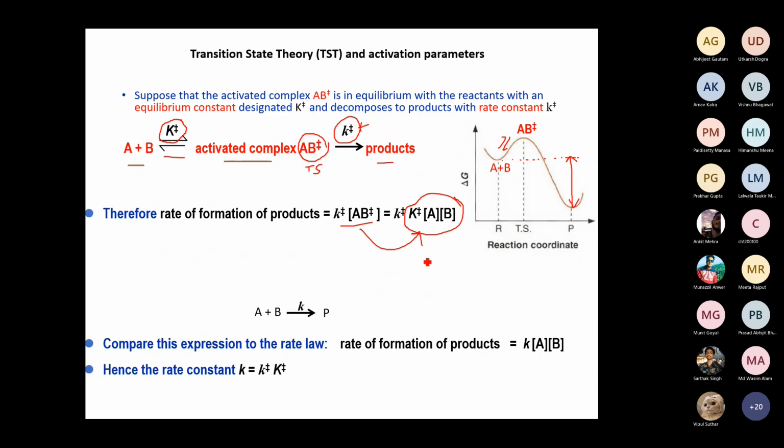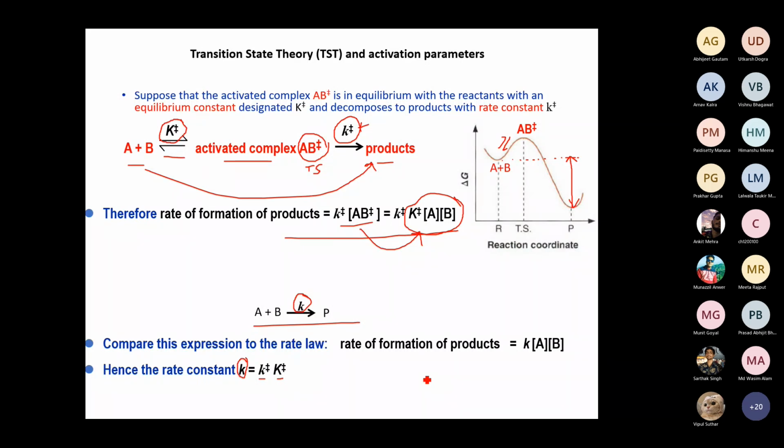So the first is the equilibrium constant, and the second one you can consider as the rate constant for the reaction converting from the transition state to the product. So what is the overall rate constant? A and B converting to P. Suppose the overall rate constant is K. If you compare the first equation and the second equation, then the overall rate constant K is equal to the equilibrium constant times the rate constant for the second step.